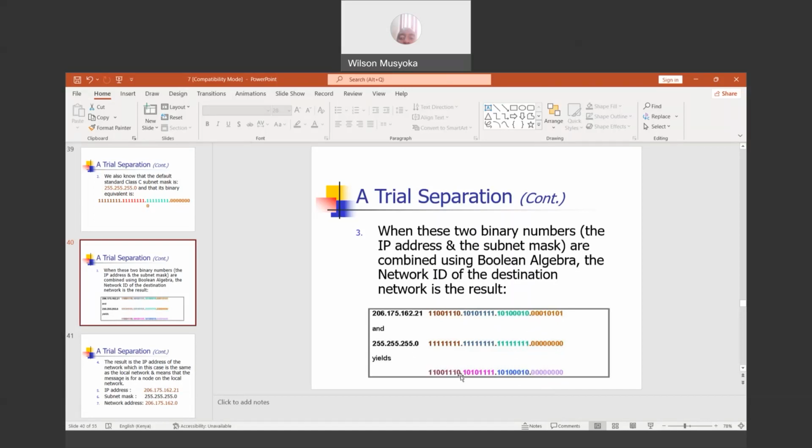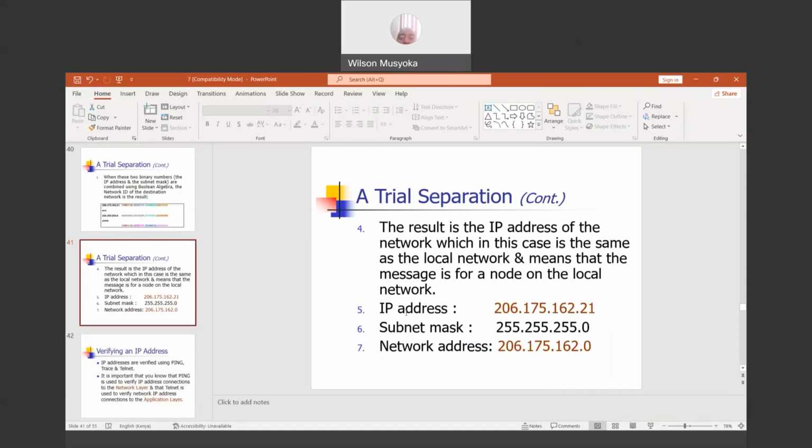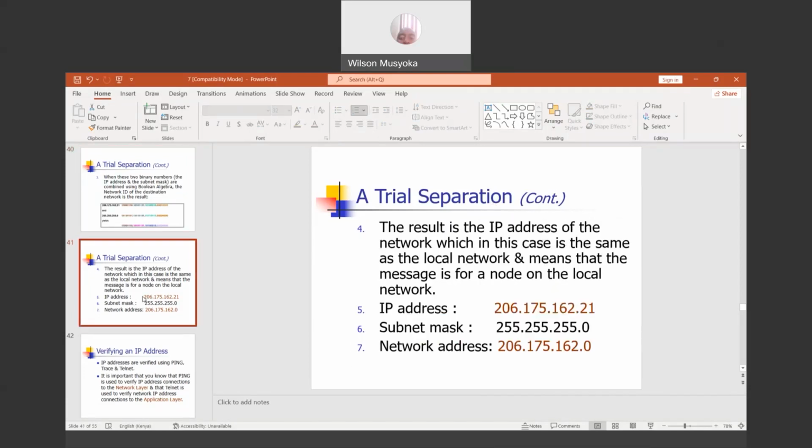So this is the value we are getting: the IP address was this one, then the subnet mask was this one, so that it gives us a network address of 206.175.162.0. The network address is generated out of this ANDing process which we have talked about.